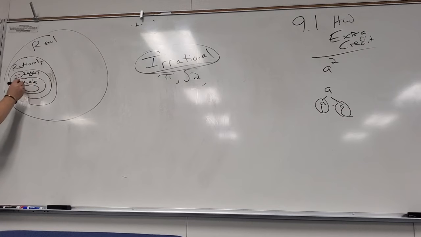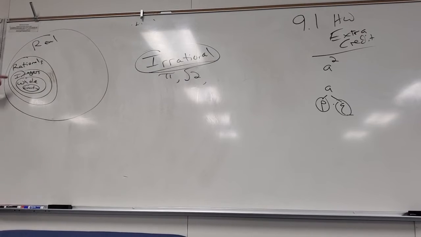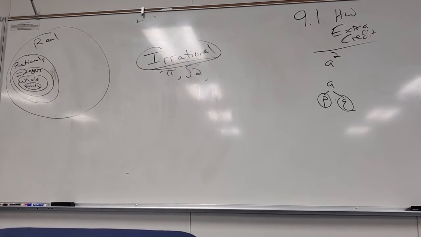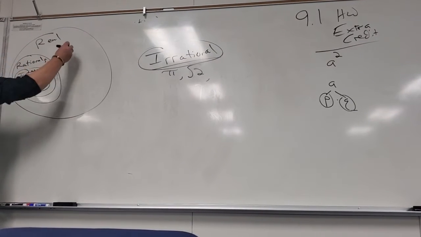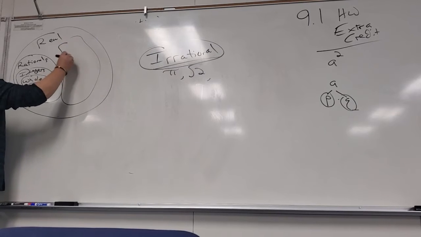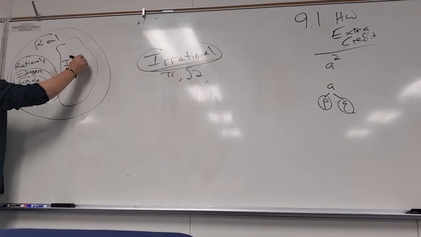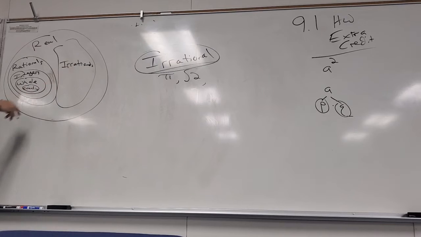And then we got counting numbers. So counting is 1, 2, 3. Whole adds 0, which makes sense. They're the whole numbers, and 0 looks like a hole. Integers adds the idea of negatives. Rationals adds the idea of fractions. And then real numbers adds the idea of irrationals.